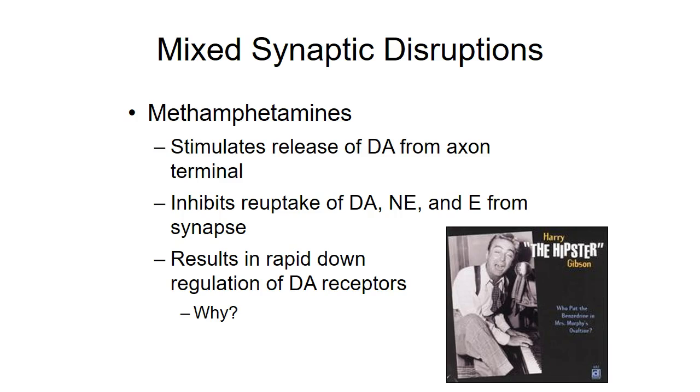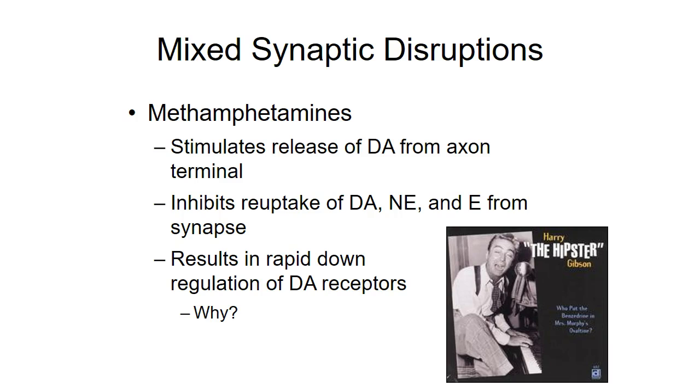This is called downregulation. So what do I mean by that? Let's say we have 100 receptors on a postsynaptic cell, and normally only 50 of them are bound in a situation where we don't have, say, methamphetamines on board.